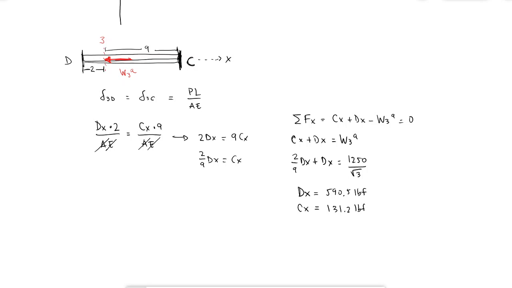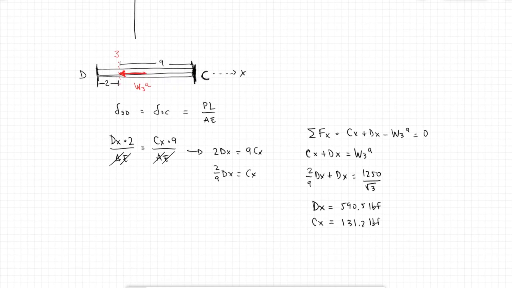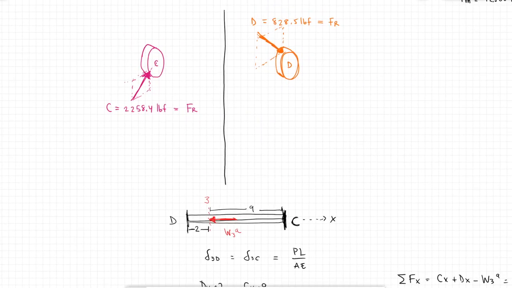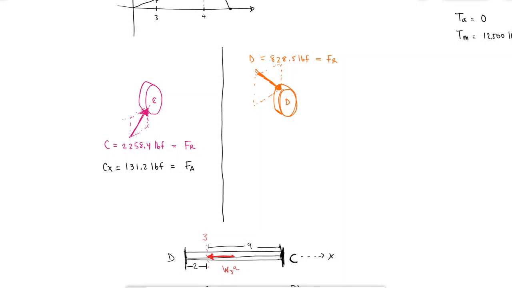Why do I care about those two? Because those two, Cx and dx in the x direction, are the axial forces. So for C, Cx, 131.2 pounds, is the axial force of that bearing. And for D, dx, which is the 590.5 that I just calculated, is the axial force for this bearing.